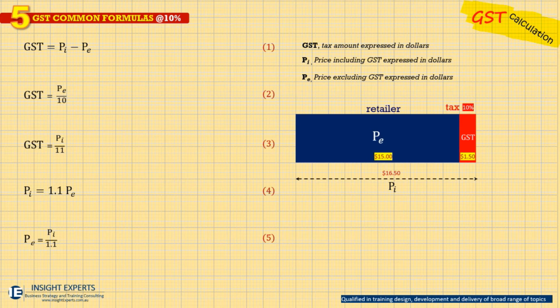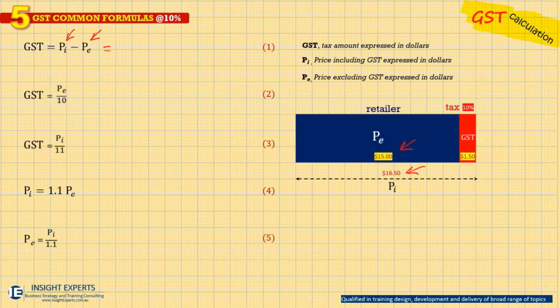Equation 1, equation 2, or equation 3. So equation 1 states that the GST can be calculated by subtracting the price excluding GST from the price including GST. So if we come to this example here, we have the price including GST is $16.50 and price excluding GST is $15. So let's go ahead and do the calculations as per formula number 1.